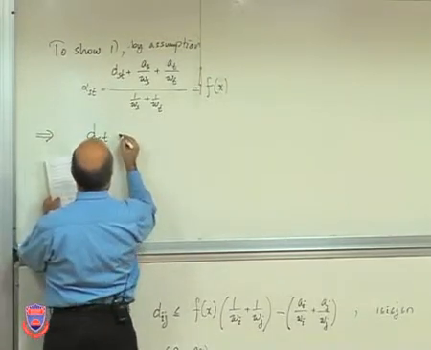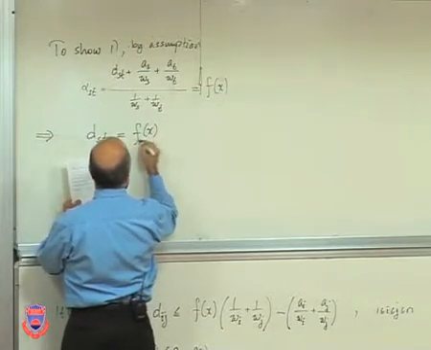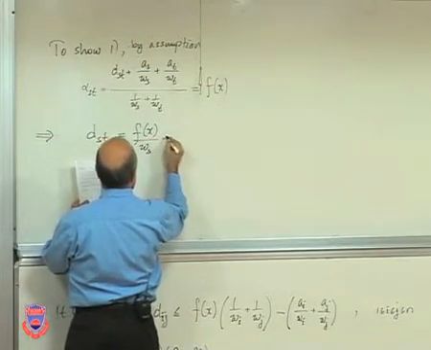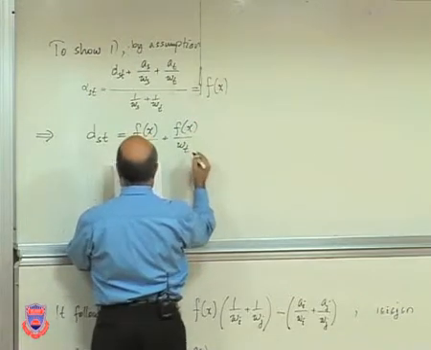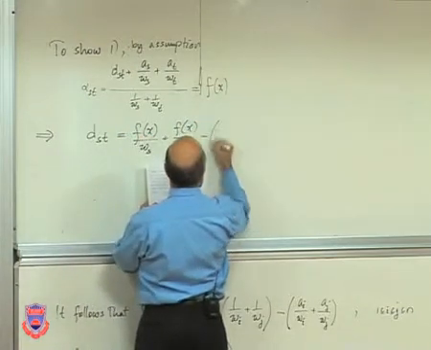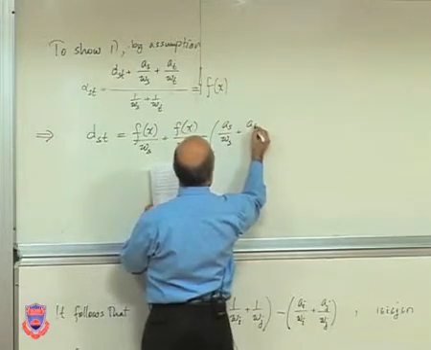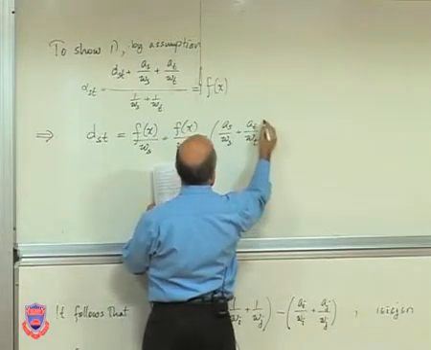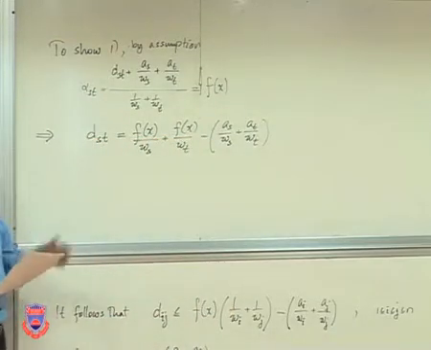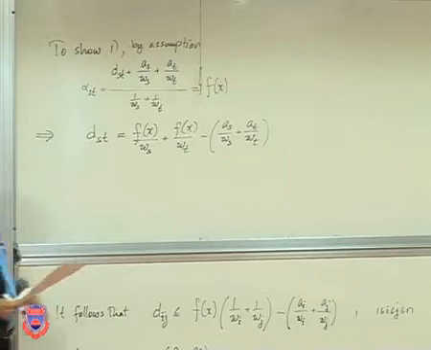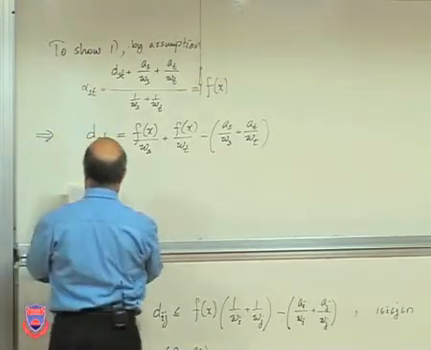We get f of x over ws plus f of x over wt minus AS over WS plus AT over WT. I'm just doing what I did in the proof of property 2, actually, in reverse order.